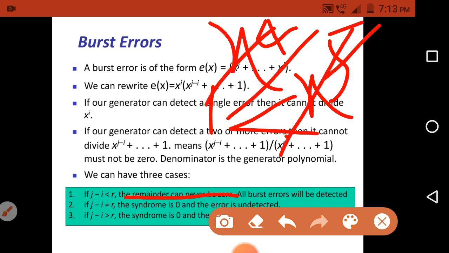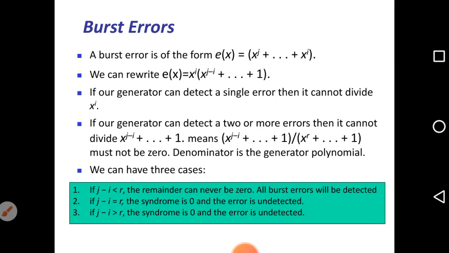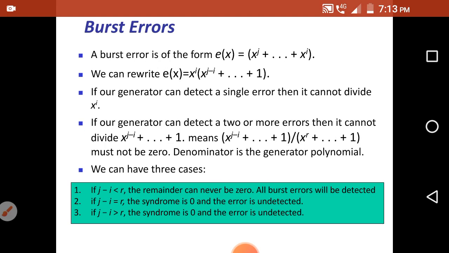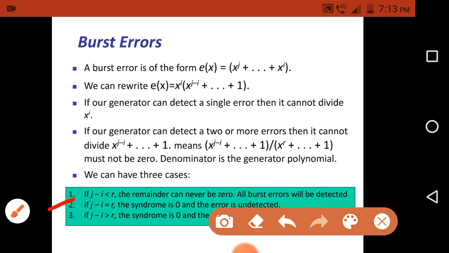Whenever you divide these two, you cannot get the remainder as 0, because the numerator degree is smaller than the degree of the denominator. So at that time it will detect all the burst errors, or two or more errors. That is the first case.